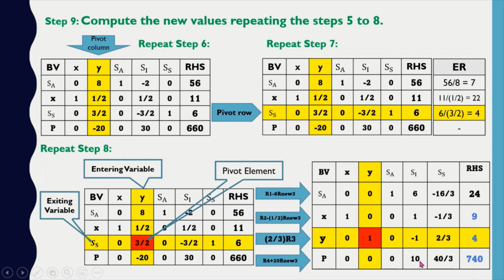Okay, next, column SS profit. The original value is 0 plus 20 times new row 3, which is 2/3. So 20 times 2/3, 20 times 2 is 40, divided by 3. So the value here in fraction is 40 over 3.